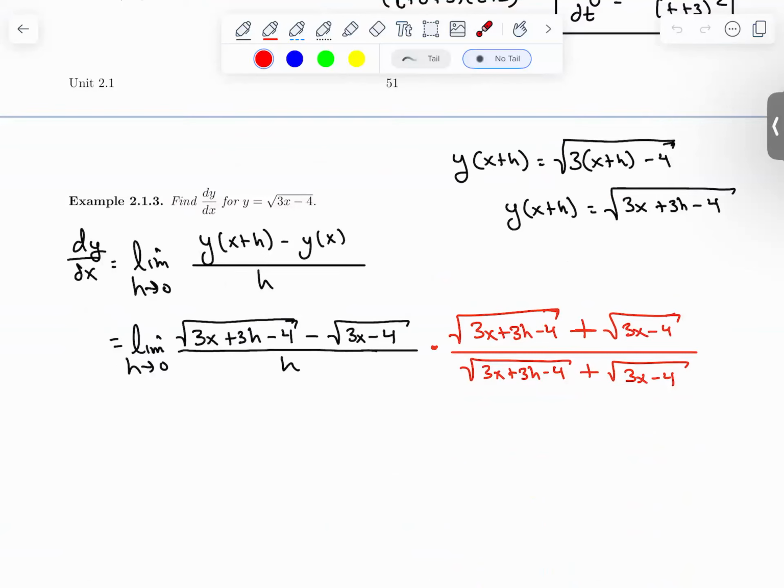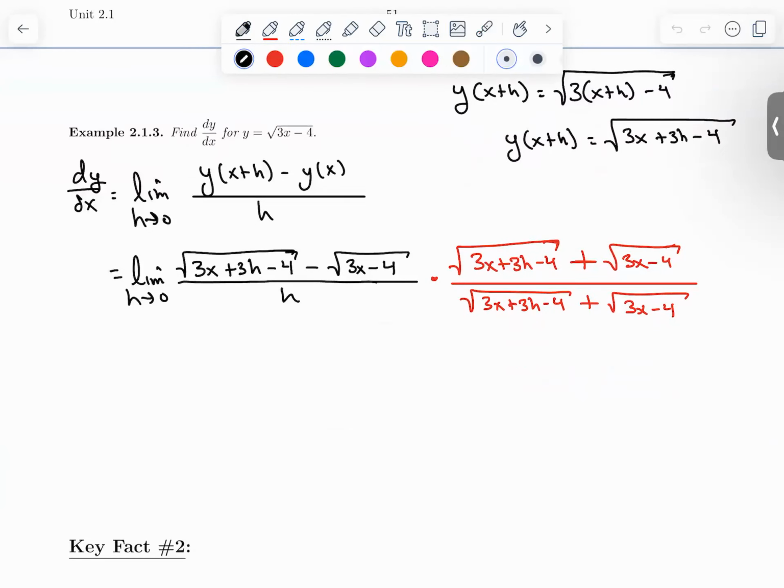We were talking about the derivative dy/dx for y equals the square root of 3x minus 4. y of x plus h would be the square root of 3x plus 3h minus 4. And then we correctly got to the idea that we should multiply by the conjugate, because that will get rid of the square roots, at least in the numerator.